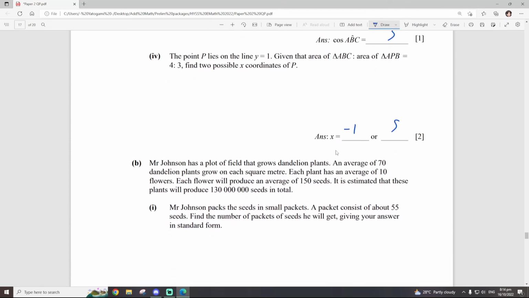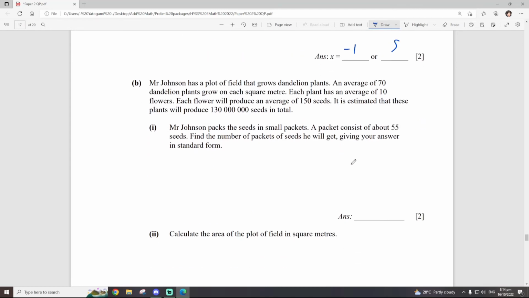Mr. Johnson has a plot of field that grows the dandelion plant. 70 grow on each square meter on average. Okay. He packs the seeds in small packets, about 55 seeds. Find the number of seeds you will get.